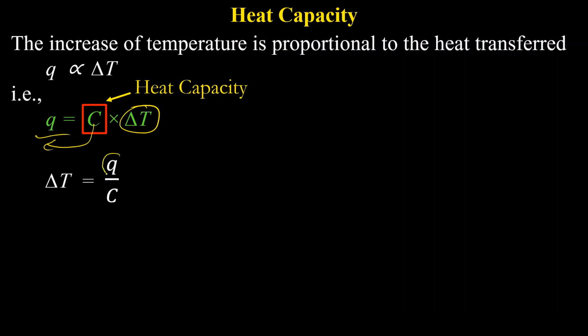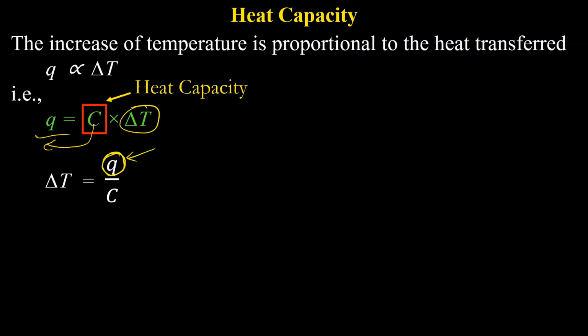And if we provide constant heat, now we are talking about different materials. Suppose we are talking about copper and say iron, or maybe iron and wood. The materials are different and we provide the same amount of heat.